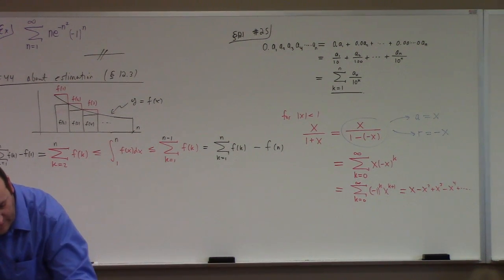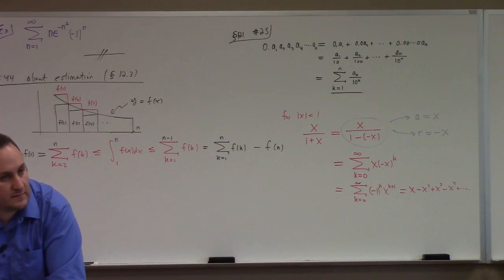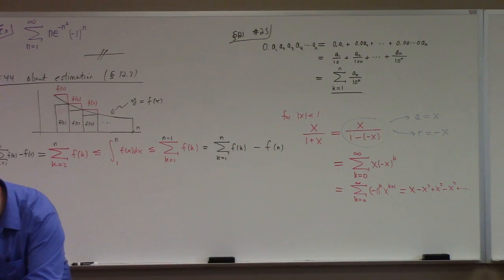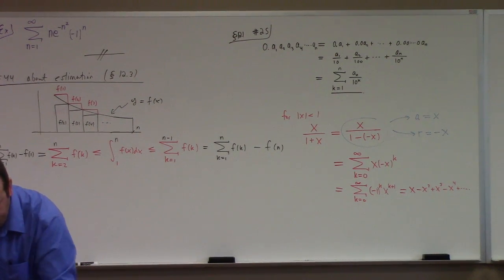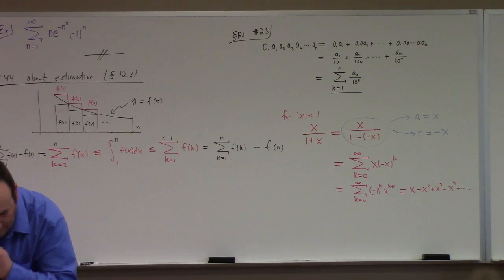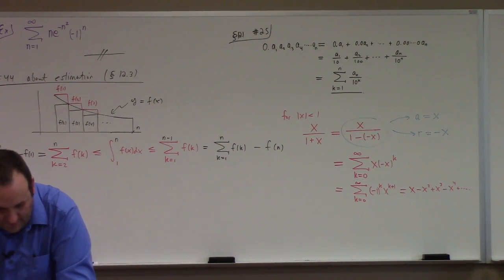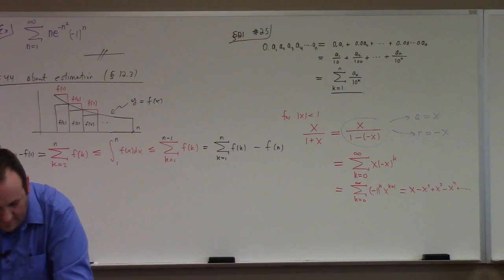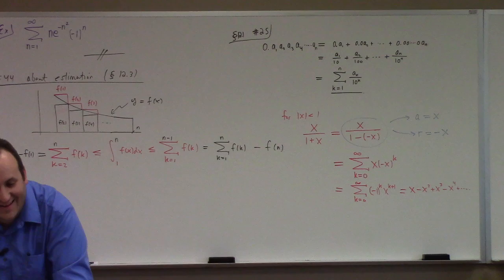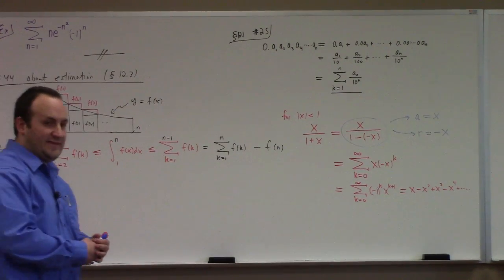Okay, so next question. 12.3, number 14. Well, we did that yesterday, but I understand. Let's just tell her, what did we do? We did basic comparison to 1 over 2k. That's not at all obvious, though.